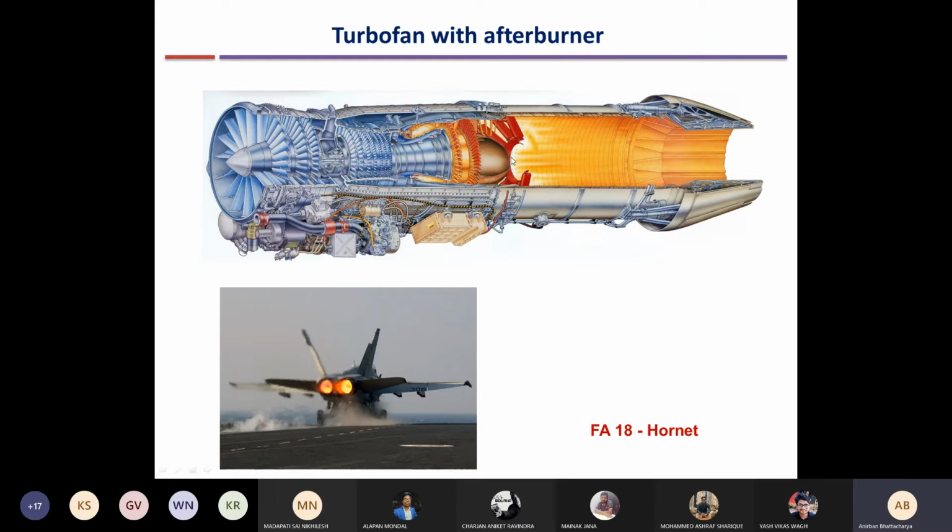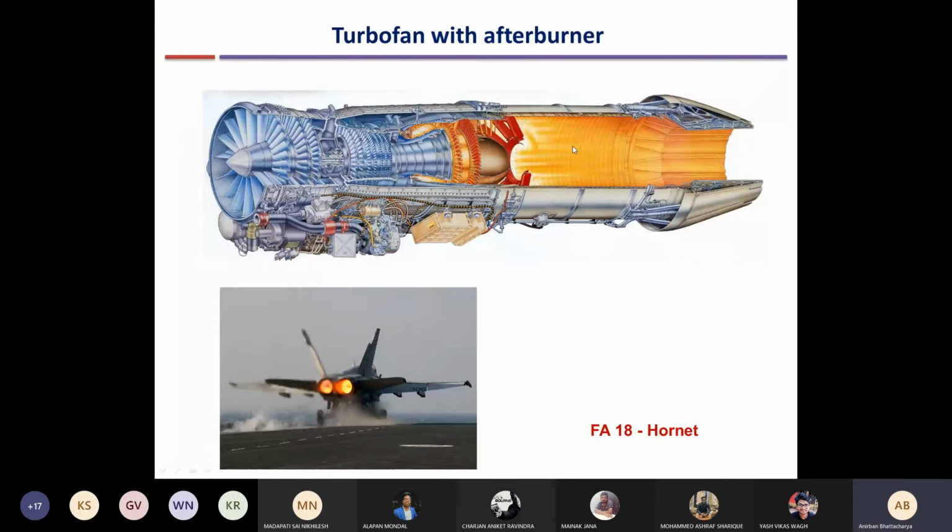So what is done is that there are secondary fuel injectors here, which inject fuel, and this is ignited, and again the temperature of the combustion products is raised to a very high temperature.